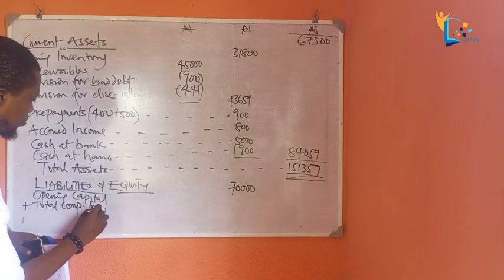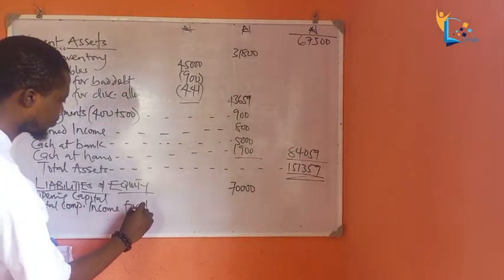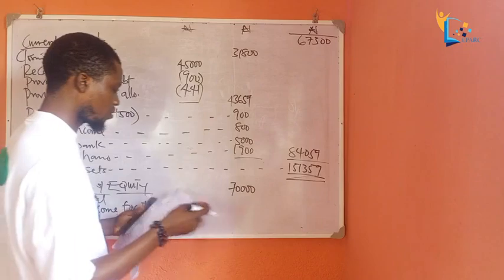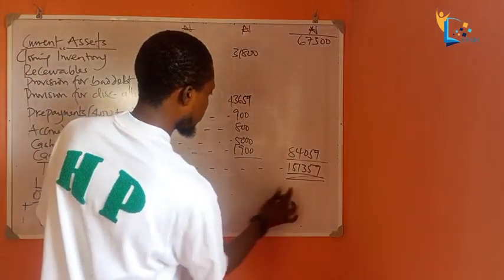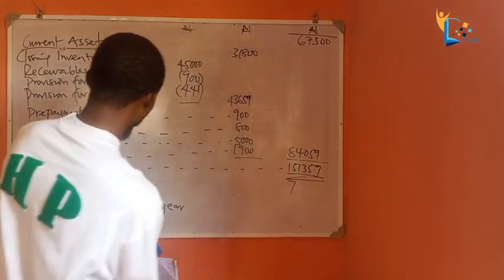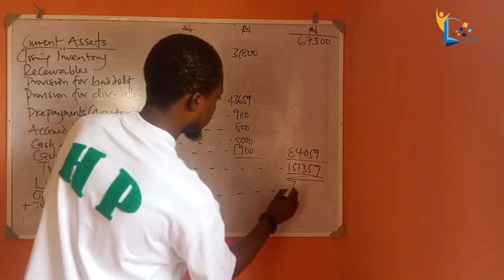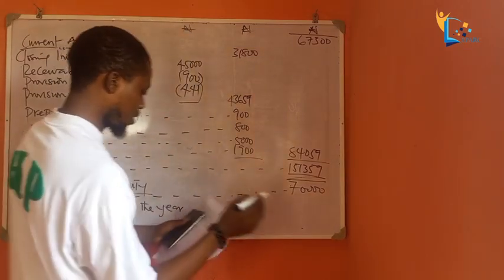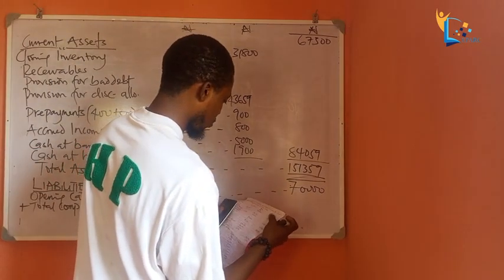Comprehensive income for the year. I think that was 37,479. That is 70,000 for our capital. Then when you add total comprehensive income, it is 37,479.